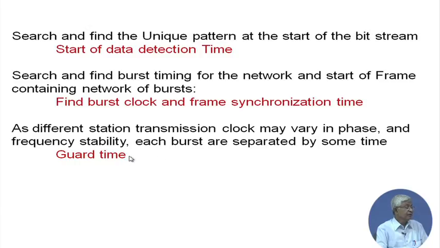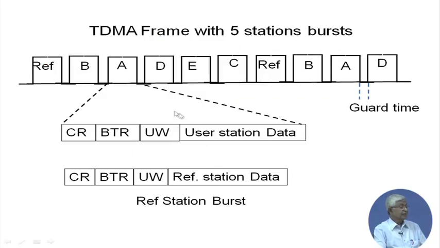Therefore a certain guard time has to be given, just like the guard band in frequency in FDMA; here you have to give some guard time. So these are certain extra times which are required. You can see at the transponder, if it is continuously observed, the TDMA frame with 5 different stations A, B, C, D, E is shown here.